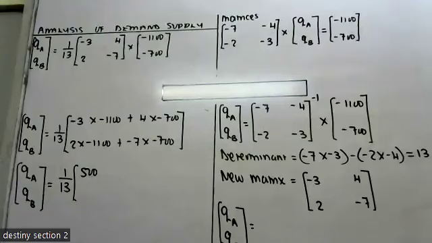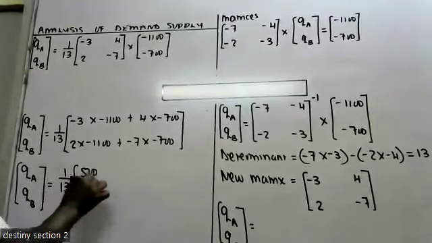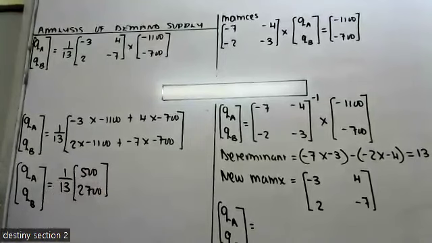Then if I again say 2 times -1100 plus -7 times -700, getting 2700. I don't know whether there is anywhere I went wrong. I was not expecting figures that have decimals.